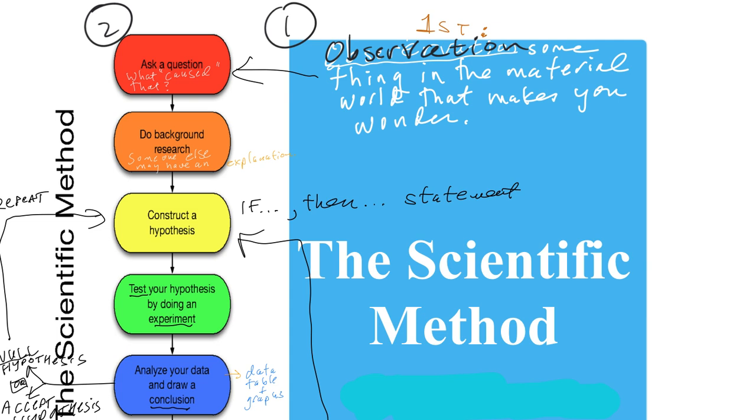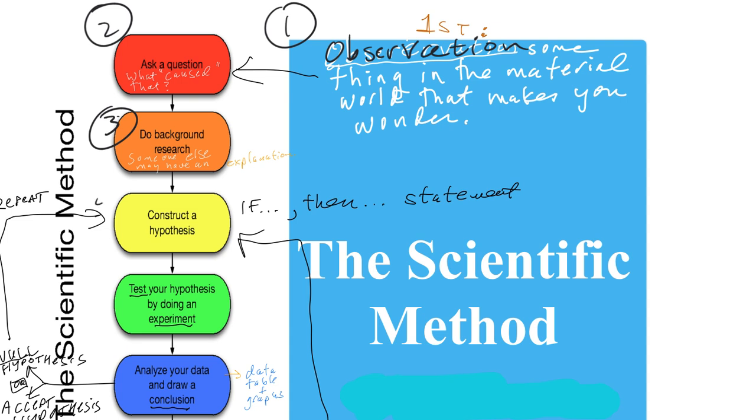Or you can look it up on the internet. You can Google it. You can do background research in the library. So that would be your third step: look for an answer to your question. Someone else might have a good explanation.